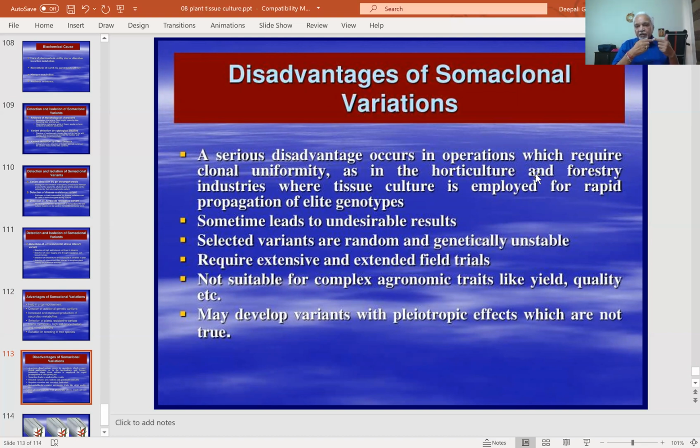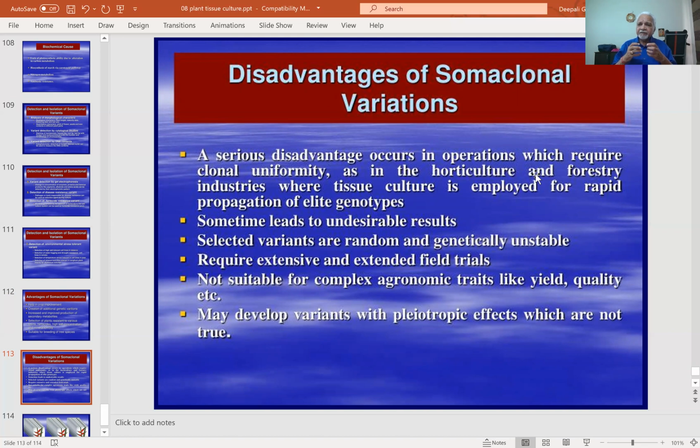So uniformity, as far as the genetic change is concerned, is the biggest question here. And then sometimes you have the desired and also the undesirable trait coming in. So it's a random process, and you may have undesirable changes also taking place.